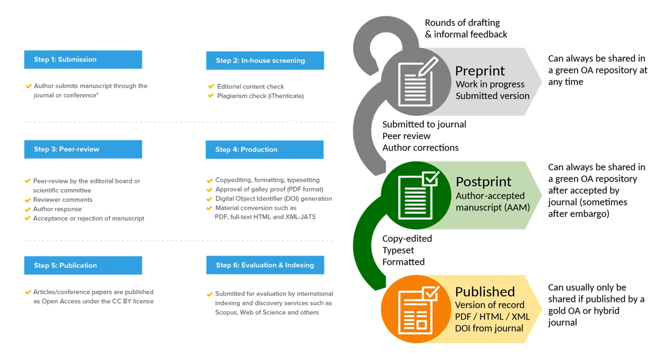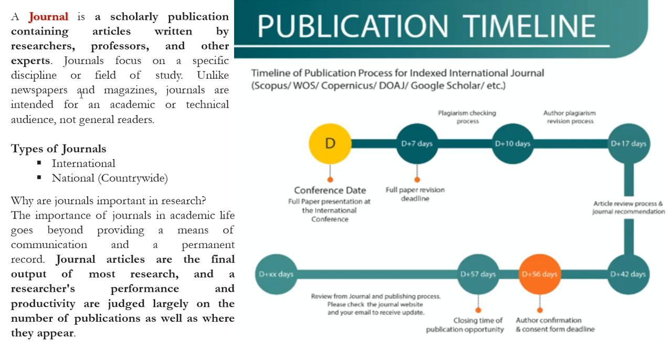Next, what is a journal? A journal is a scholarly publication containing articles written by researchers, professors, and other scientific experts and technical domain knowledge seekers. Even if they do not have any designation, if you want to publish your article, you must follow the journal guidelines.